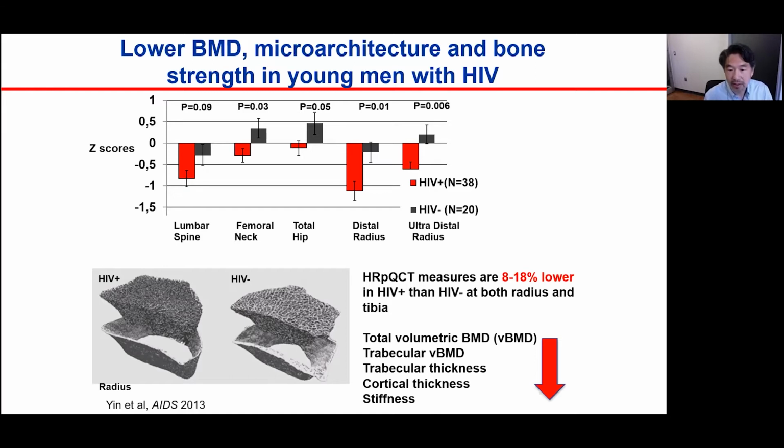Stiffness is the measure we're using to estimate bone strength, and the HIV positive individuals had lower composite bone strength by stiffness as well.